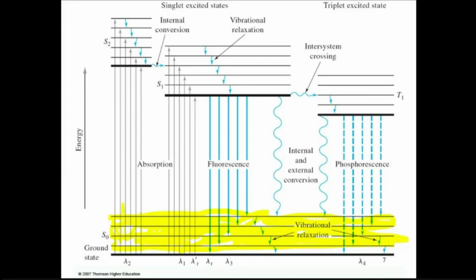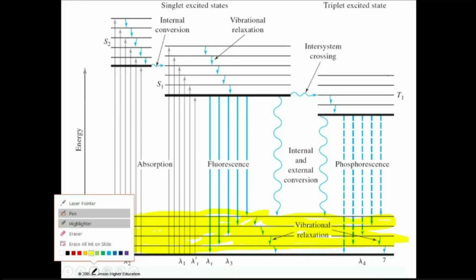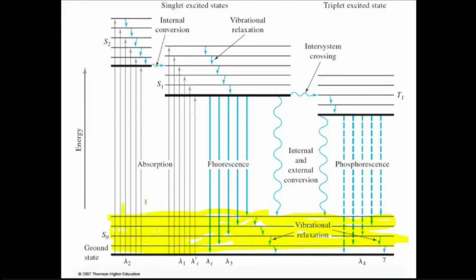Let us not go deep into vibrational levels; we are not interested in them as of now. On the left-hand side, there are continuous gray arrows which indicate that from all the levels of the ground state, the molecule may go into an excited state.